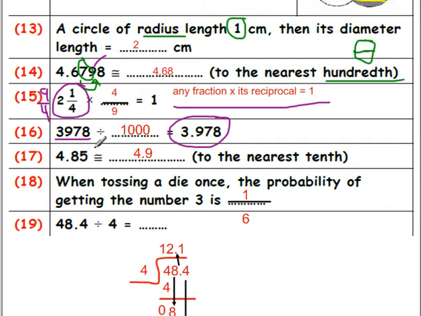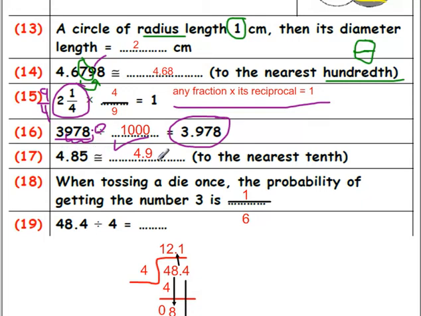In division, I will move the point to the left according to the number of zeros. If you move the point to the left 1, 2, 3, you will get the point between 3 and 9. So this result is correct.